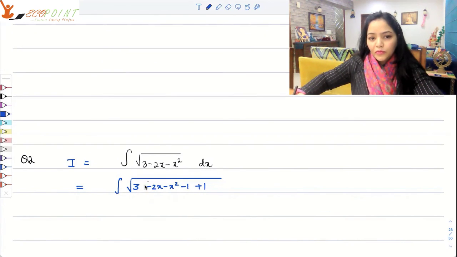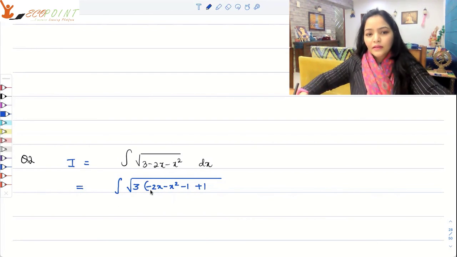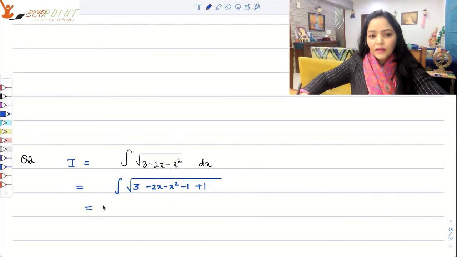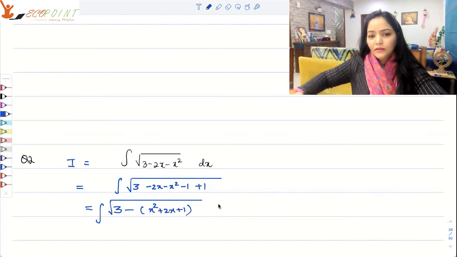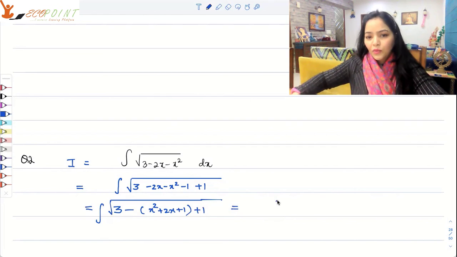So I'm going to collect this, and write it as square root of 3 minus common, so this is x squared plus 2x plus 1 outside.